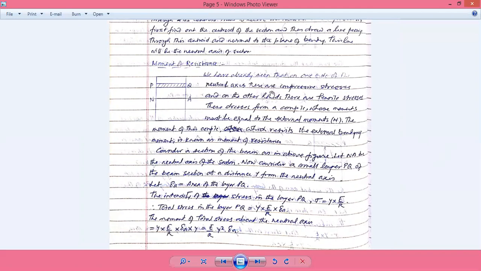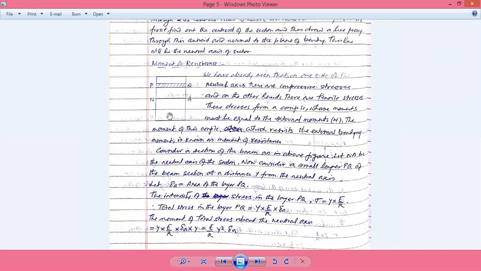The layers above the line NA are compressive in nature, and the layers below the line NA are tensile in nature. The stresses form a couple, or a bending moment, whose moment must be equal to the external moment. The moment of this couple which resists the external bending moment is known as the moment of resistance.